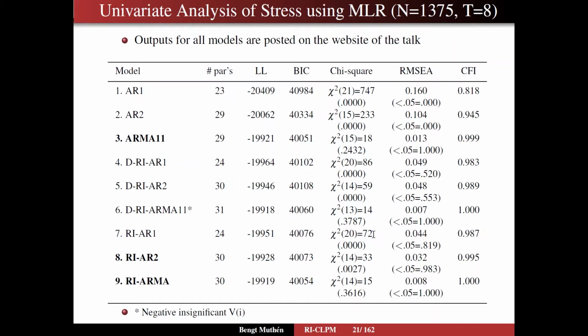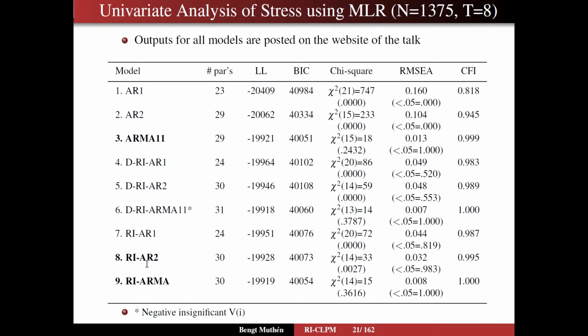So we're clearly in a better ballpark here. Adding a lag 2 to that model, we get a p-value that is greater than 0 at least. So that's a reasonable model. The RMSEA is low, a high probability that it's less than 0.05, and a very high CFI. So that shows that there's a real difference between AR2 models and RI-AR2 models.